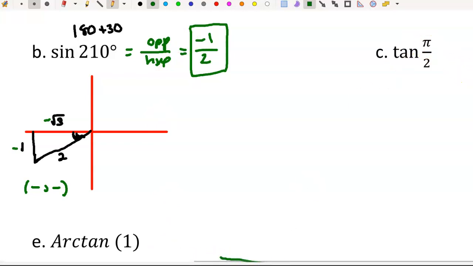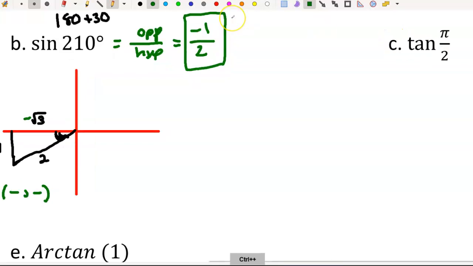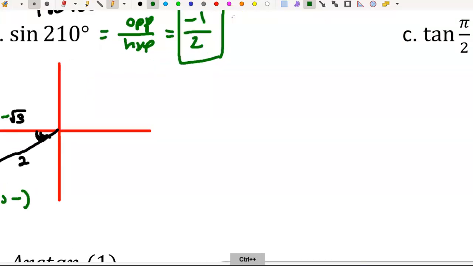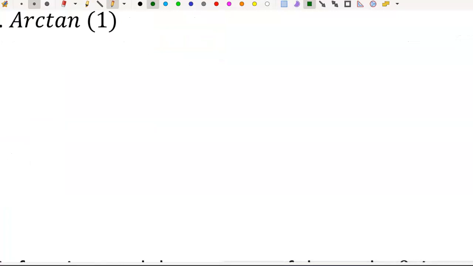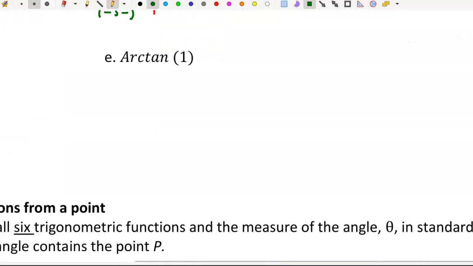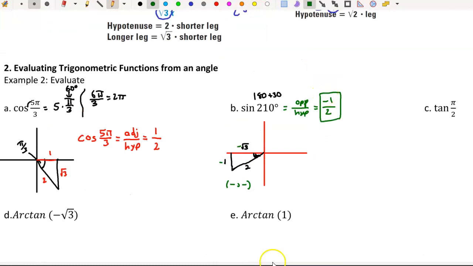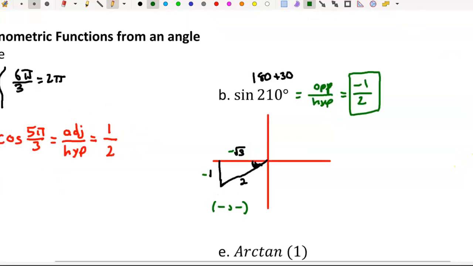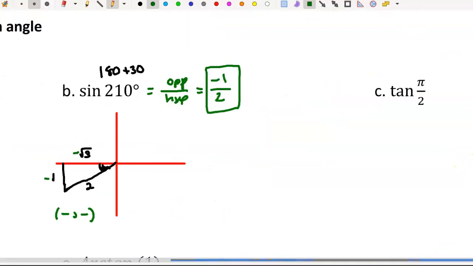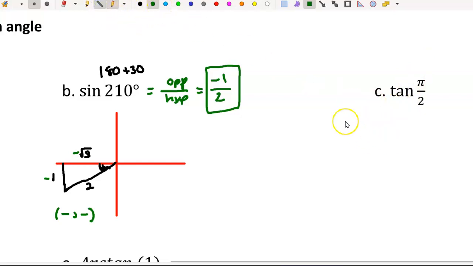And then lastly, we have our tangent of pi over 2. Now let's sketch this out. Where's pi over 2?